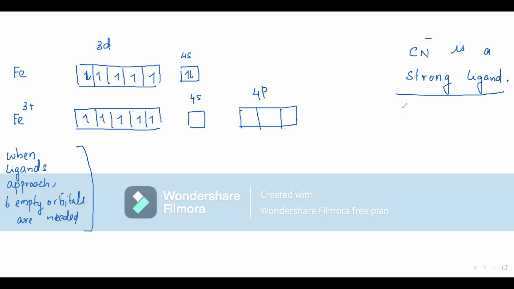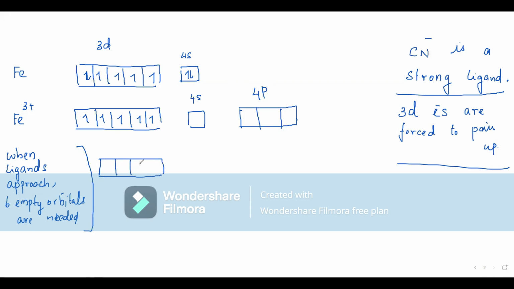This means that the 3d electrons are forced to pair up. Who's forcing them to pair up? The strong ligand. Which means the present 3d has totally 5 electrons, and you are forcing them to pair up: 2, 4 and 5.